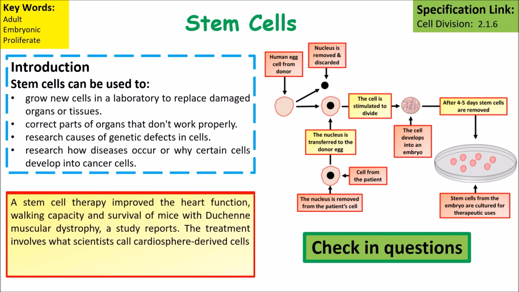Stem cell therapy improves heart function, walking capacity and survival of mice who have been suffering from muscular dystrophy. So this could also be another possible use for stem cells in the future. But as with all of these types of research, it is still only in the developmental phase.